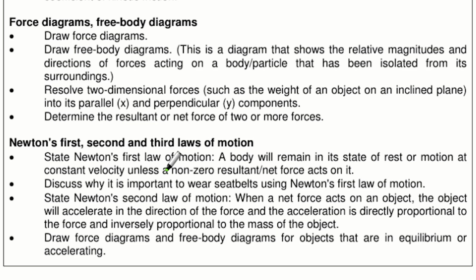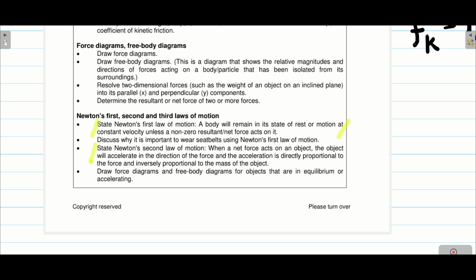So I'm going to leave this here so that you can see what Newton's first law is if you did not know it. And since we now know that Newton's first, second, and third laws of motion will be asked in these questions, we might as well state Newton's second law and remember it. And I'll show you Newton's third law after this.